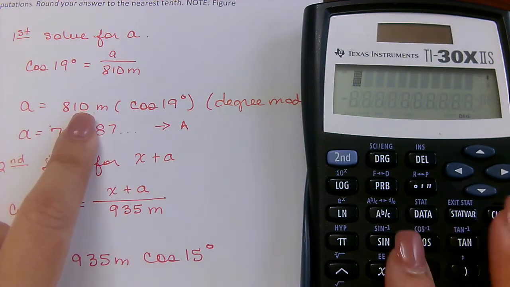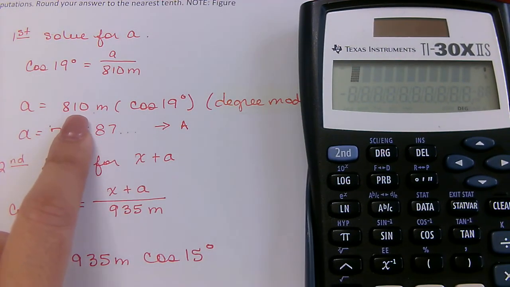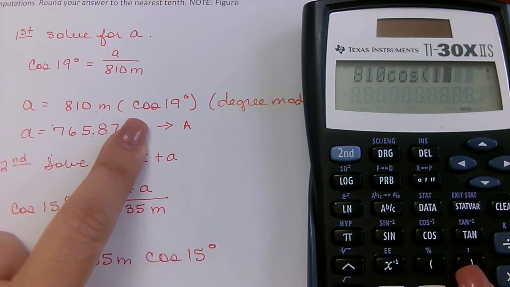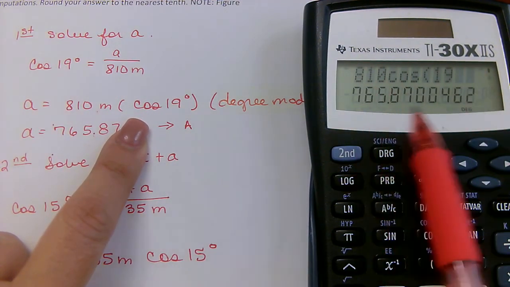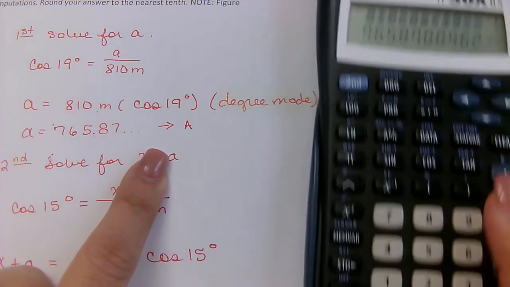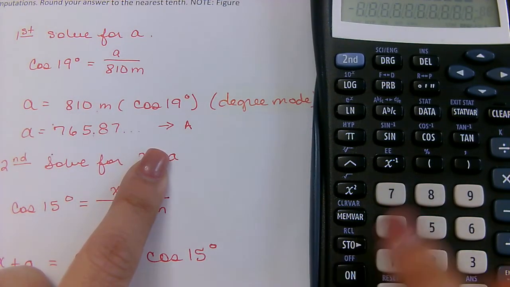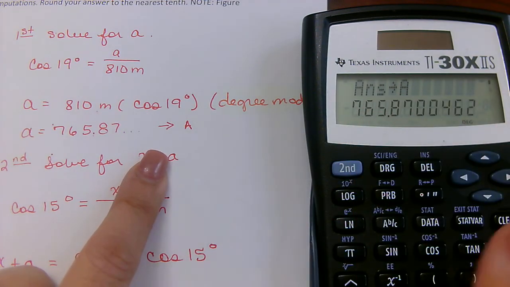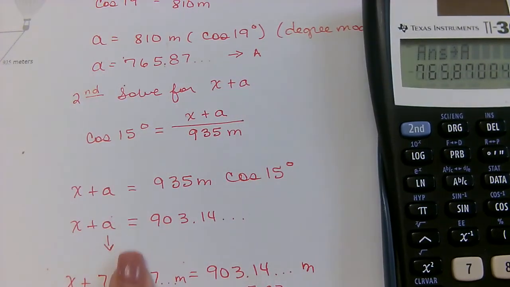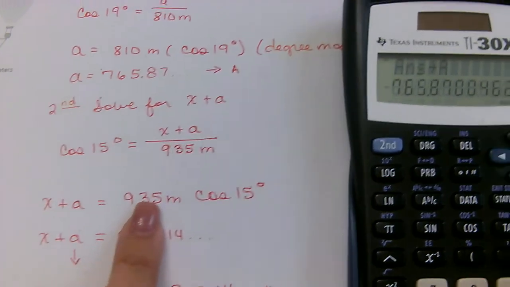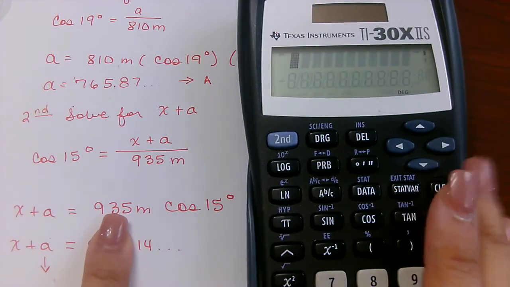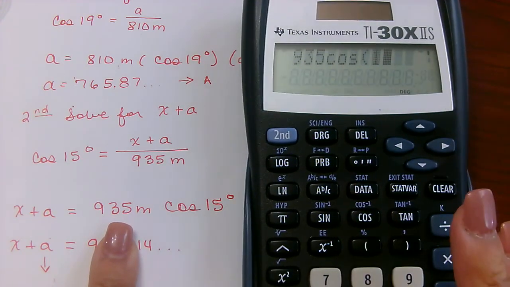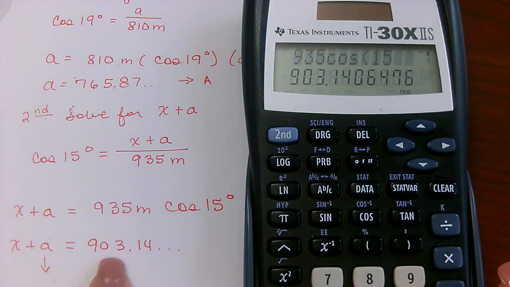So I'm going to go ahead and show you how I did this in the calculator so it makes more sense. I'm going to start with 810 cosine of 19. Okay, here's that number that I got, and all I'm going to do is store to the variable a. Okay, now it's in the calculator. So when I come down here and I'm looking for this value, I'm going to go ahead and clear this out, and I'm going to do that in the calculator. 935 cosine 15. That is this value.